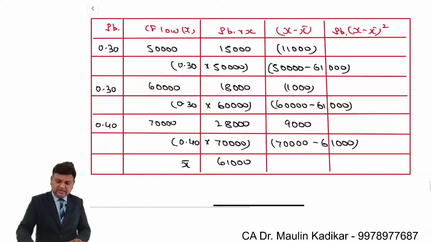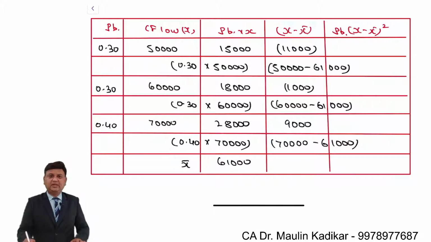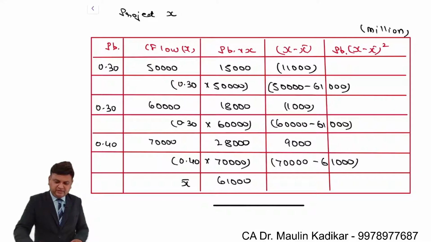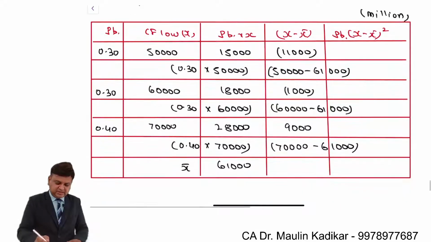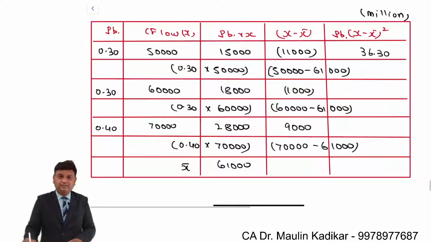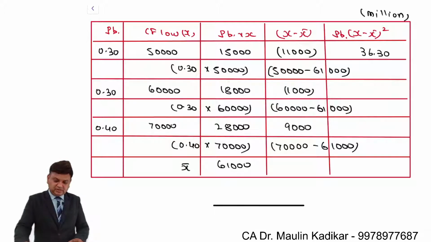So it is 11,000 square into 0.30. Friends, the figure comes very huge. So we may convert this into million term. So divided by 10 lakhs. That comes to 36.3 million. Then square of 1000 into 0.30 divided by 10 lakhs once again.